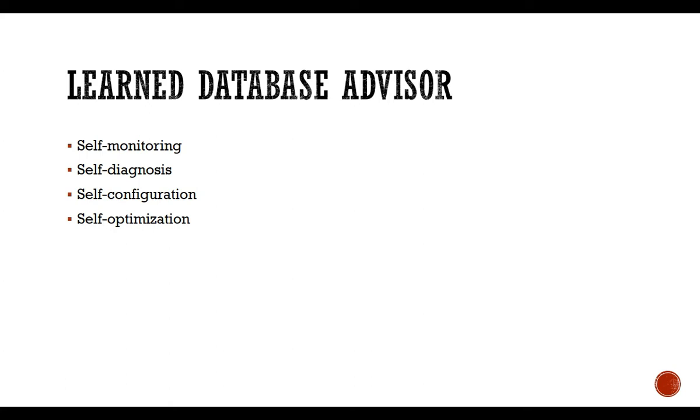Self-monitoring is a feature that monitors database metrics to facilitate other components. The second one is self-diagnosis. This detects the anomalies and identifies the root cause of the anomalies. The third one is self-configuration. This feature auto-tunes the knobs of the database. And the last one is self-optimization, a feature that recommends views and indices.